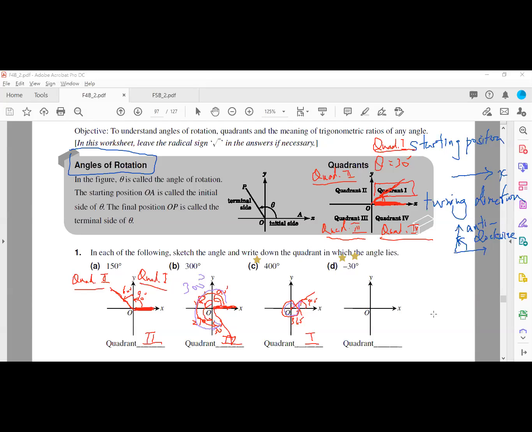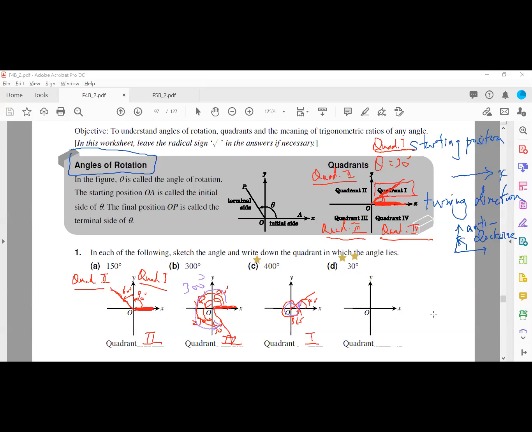Part D, if the angle is negative. If the angle is a positive number, we turn anti-clockwise. But if the angle is a negative number, then we should turn in the clockwise direction.